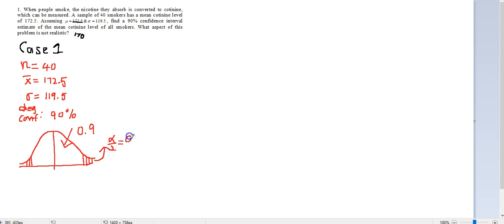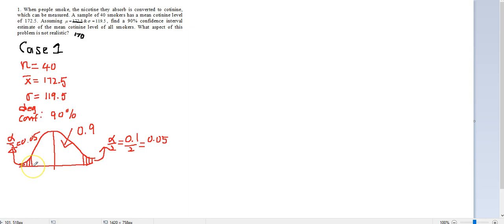That will be 0.1 divided by 2, because if it's 0.9, then the other two areas add up to 0.1, but we want each separate area, so that will be 0.05. And same thing over here on the other side, so alpha over 2 is 0.05 again.